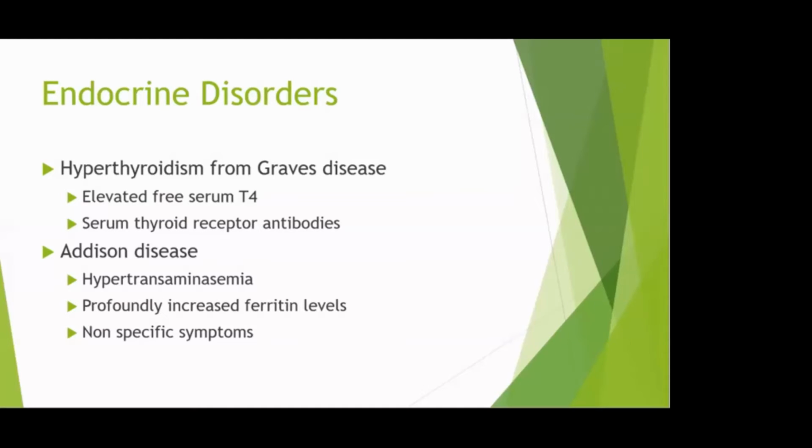Addison's disease can be a cause of unexplained hypertransaminasemia and profoundly increased ferritin levels. Often these patients have associated non-specific severe abdominal symptoms, hemodynamic instability, electrolyte imbalance, and weight loss, leading to delayed diagnosis.